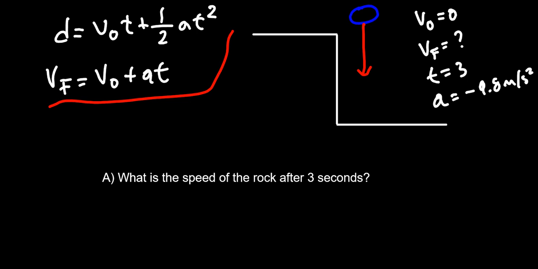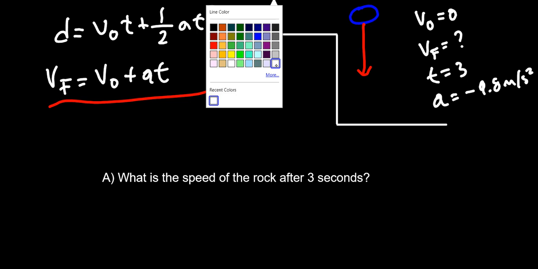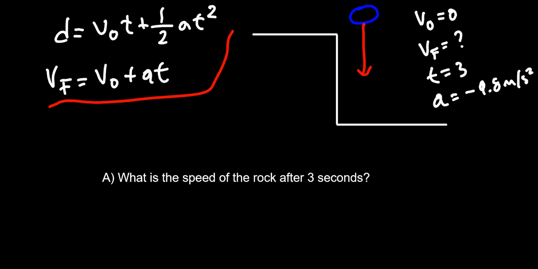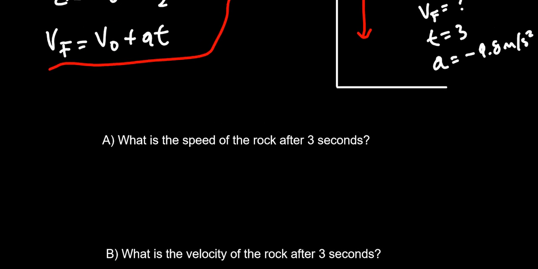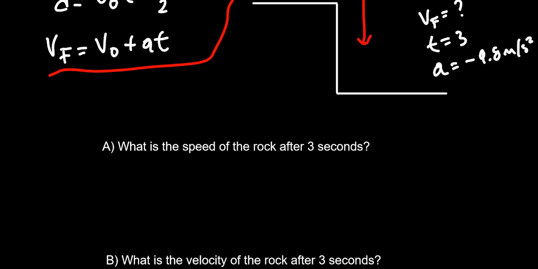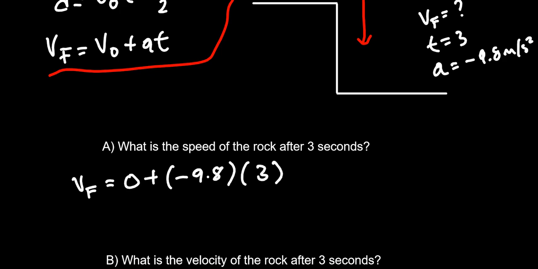So the final velocity is equal to our initial velocity, which we referenced up there was 0, plus the acceleration, which is negative 9.8, times the time, which is 3 seconds.